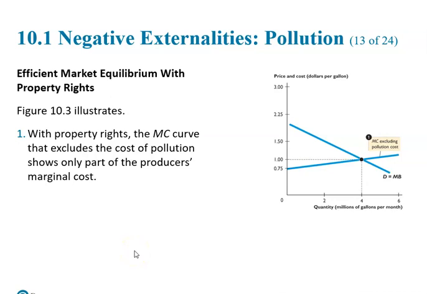So with the property rights implemented, the marginal cost curve that excludes the cost of pollution, which is the one over here, will only show part of the producer's marginal cost.